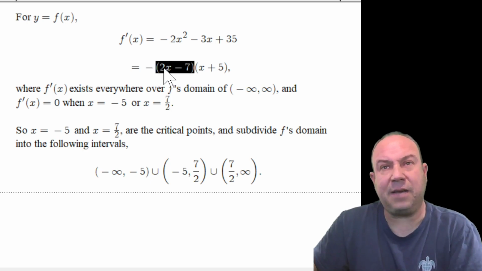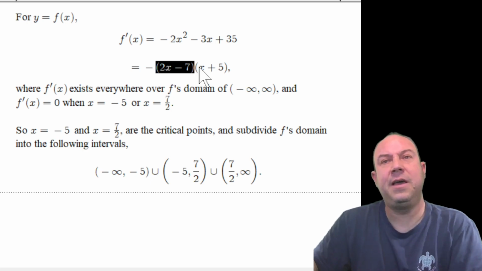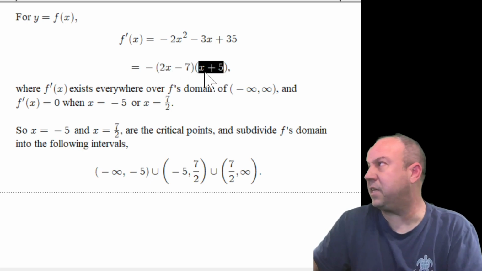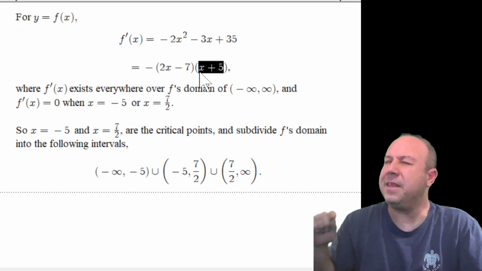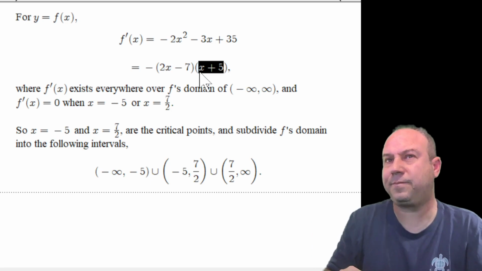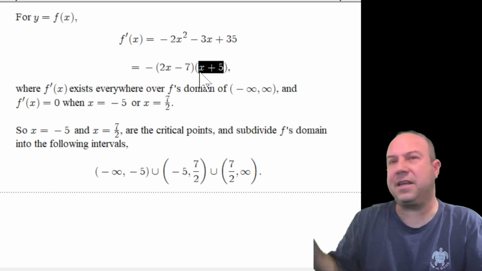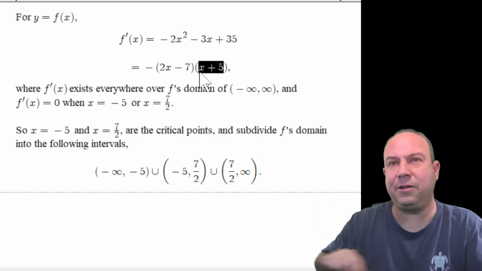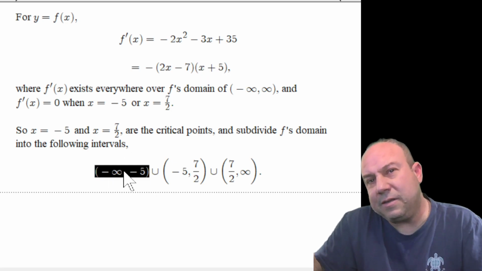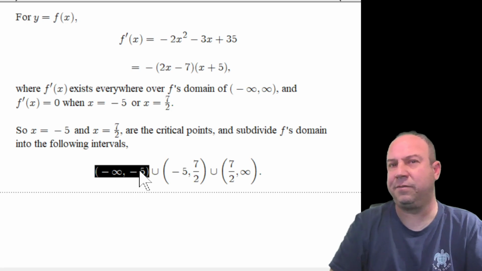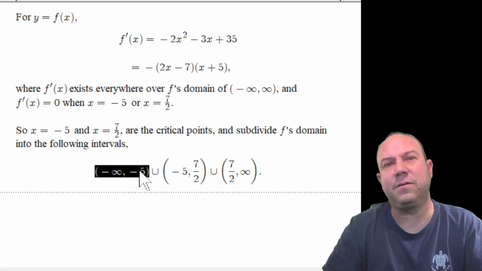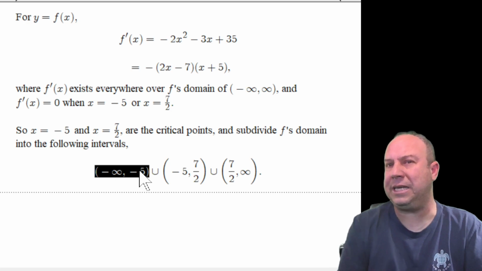So a negative times a negative is going to be negative, and then times negative 6 plus 5, that's also going to be another negative. That's going to be negative 1. So a negative times a negative times a negative is a negative value. So since negative 6 makes f prime of x negative in this interval, we can say in this interval we must be decreasing.